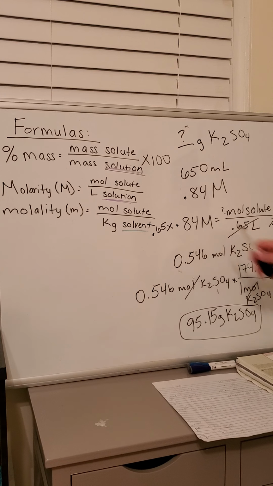If you have a 6M of hydrochloric acid, that's telling you that you have a concentration of 6 molar of hydrochloric acid, which is very, very high. That is the point of all of this. If I didn't have this solution, I would have to weigh out 95.15 grams of K2SO4, and I would have to mix that with 0.65 liters of my water to get my solution.